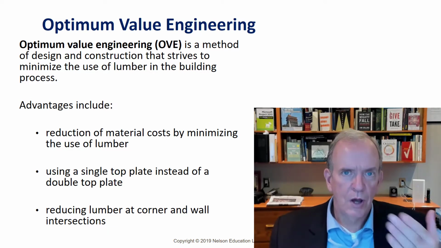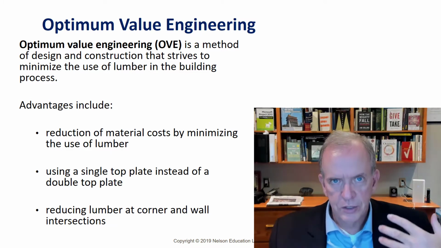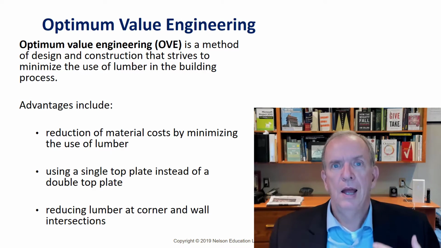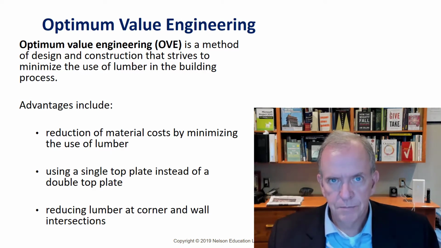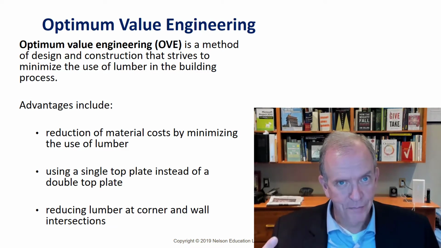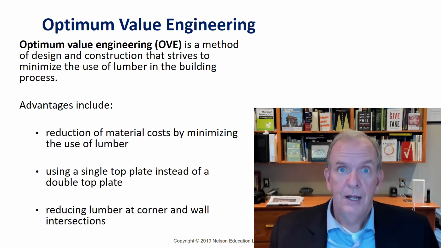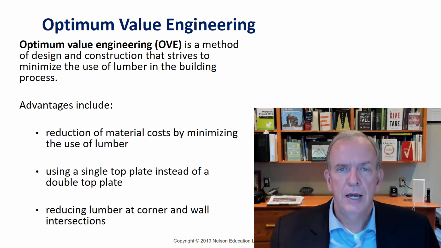So with optimum value engineering, we're taking a sustainability perspective and trying to use less lumber and provide a more energy efficient building. It's one of those situations where if you use optimum value engineering, you use less lumber, so you can save on the extra lumber used and the installation of that lumber, and you get a more energy efficient building, and it still meets the structural requirements that you're after.